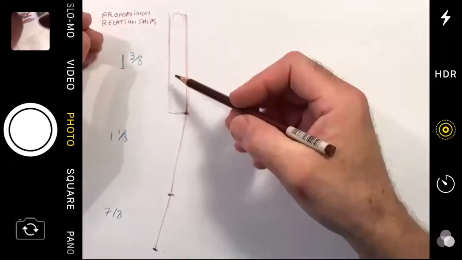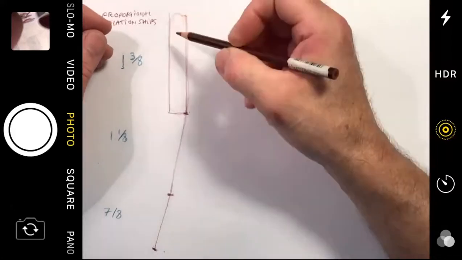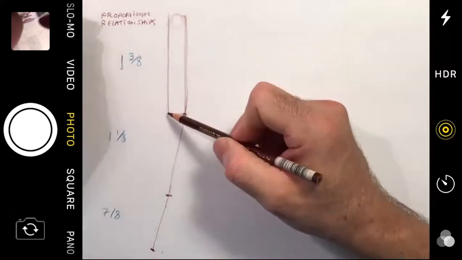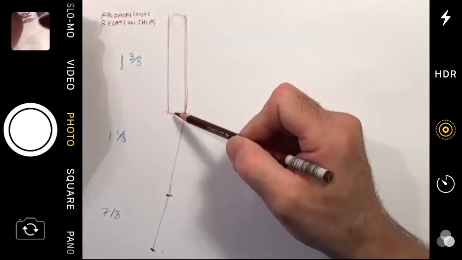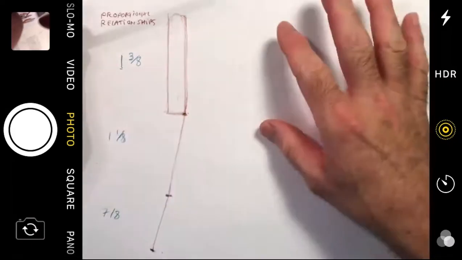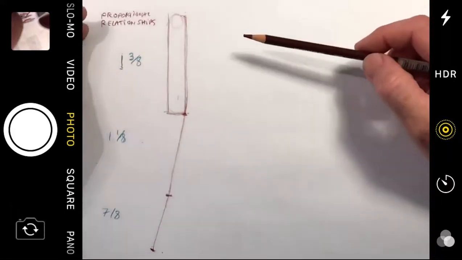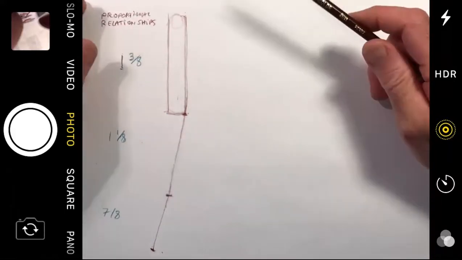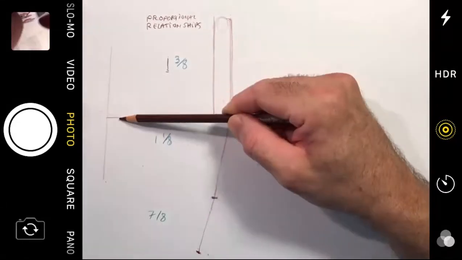So notice that when I get to the forearm, there is an angle between the humerus and the forearm. This angle is characteristic, is typical. So the volumes of the arm will not go down straight like this.